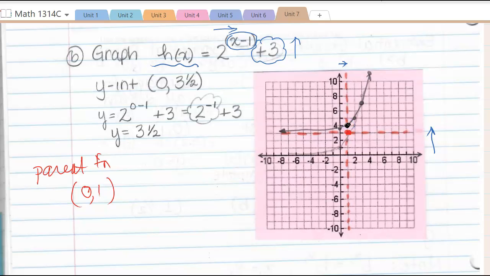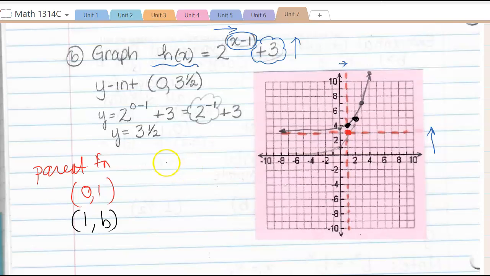The other point that we know from our parent function is the point 1, comma b. So from my new origin, I'm going to go over 1 and then up 2. That's where we get this point right here. Now we can see that it doesn't have a multiplier in the front, doesn't have a reflection, so we can continue by plugging in some more points if we want to.